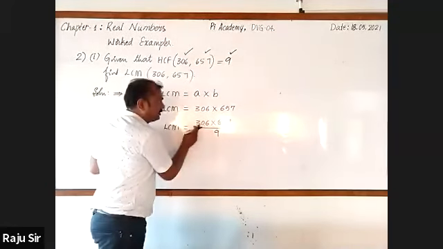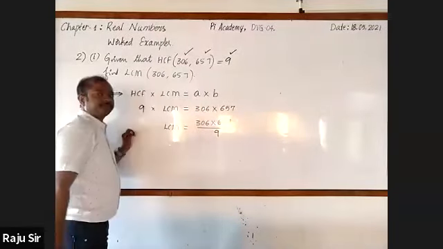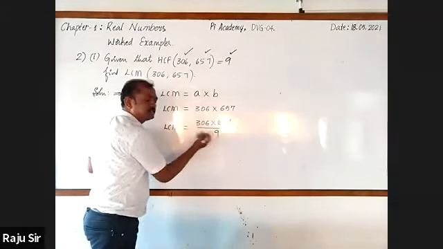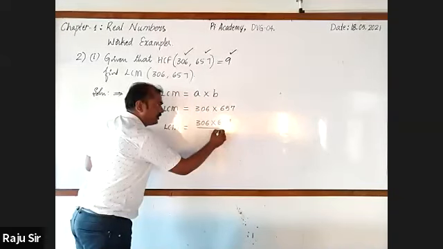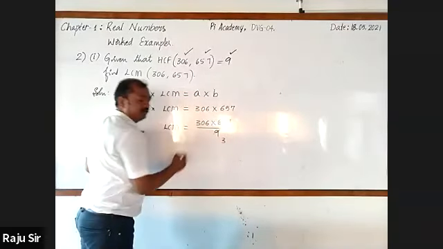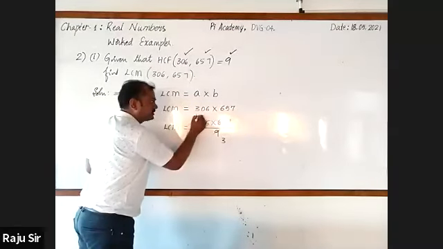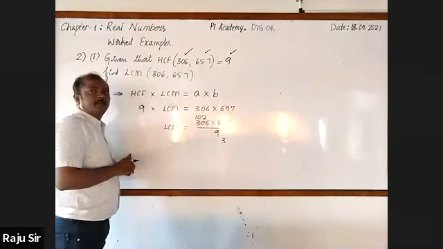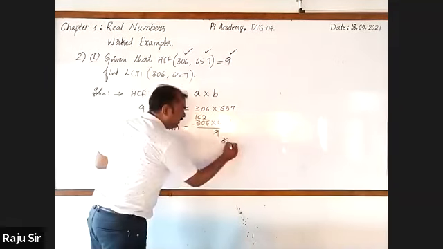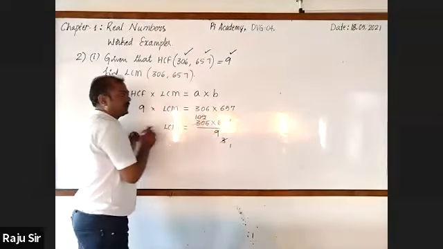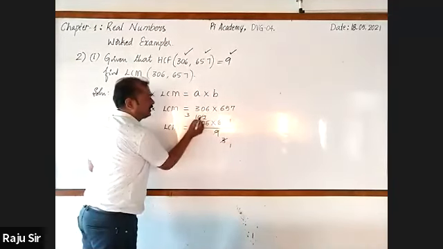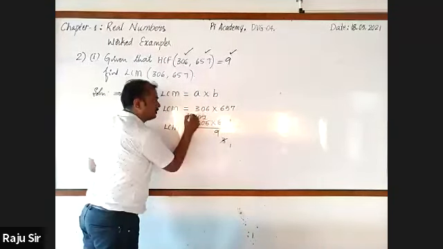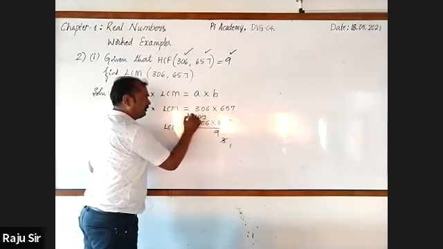Observe here, it can be cancelled by 9 because 306 is a multiple of 9. Here, just look at the board. I'll cancel it by 3. 3 3s are 9. 3 1s are 3, 3 4s are 12. It becomes 34.